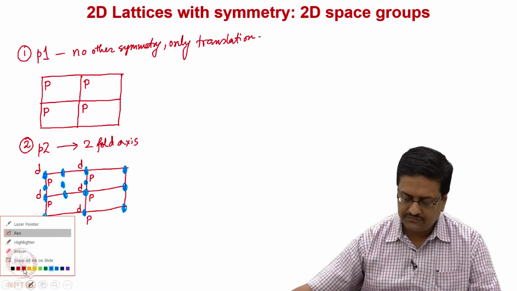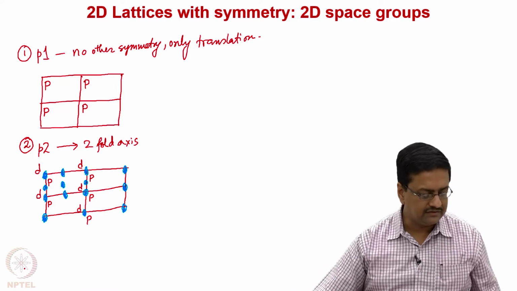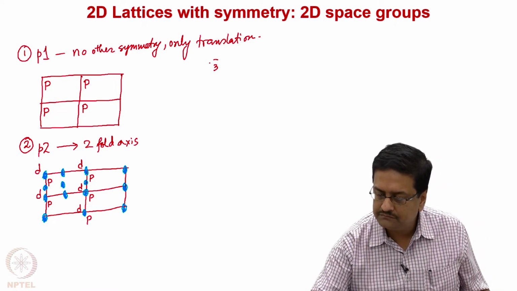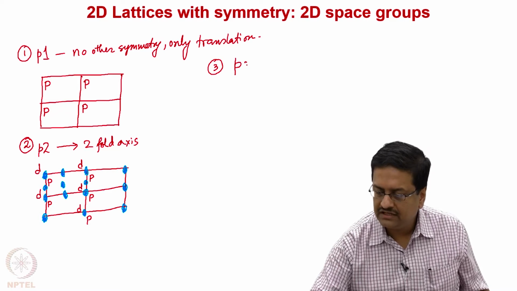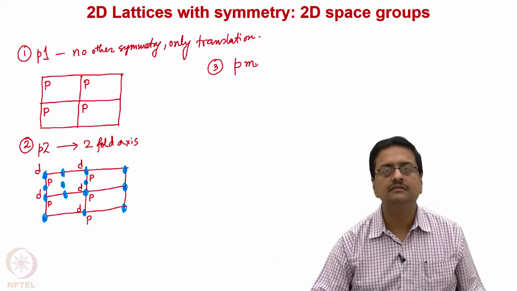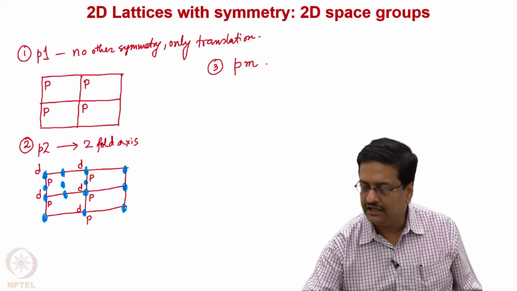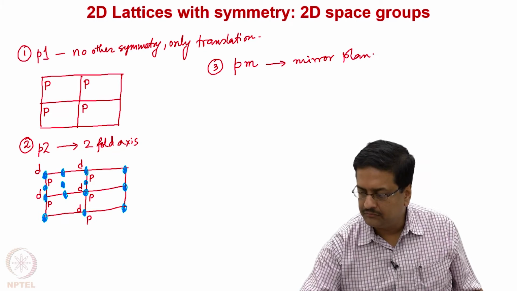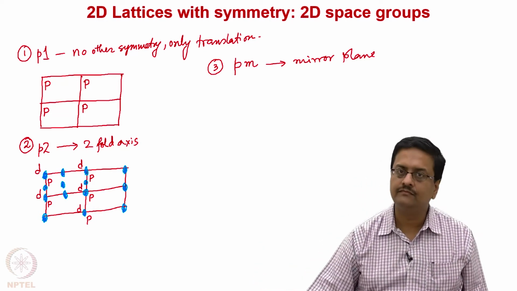The next type of 2D lattice is termed as PM. Once again, P is small and M means a mirror plane. So we have only one mirror present in the lattice.